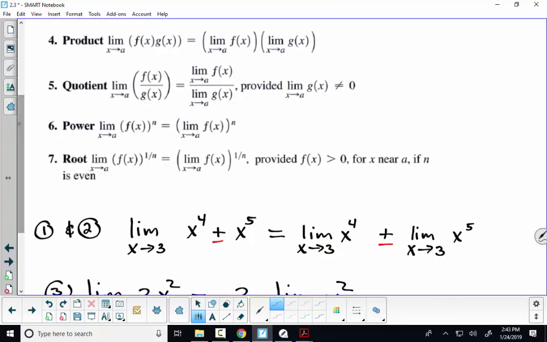Same thing with the quotient. The limit gets distributed, if you will, to the numerator and the denominator. And here, as always, our stipulation is provided the denominator is not 0, just so we're not dividing through by 0.